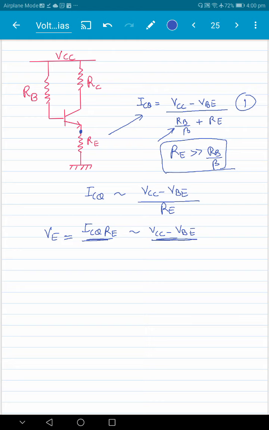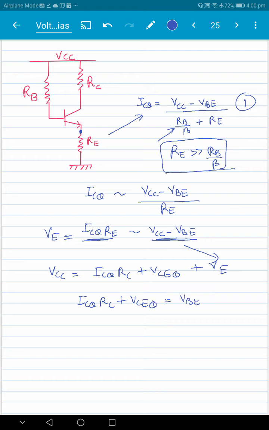And if we look at here, we know that VCC equals ICQ RC plus VCEQ plus VE, right? If we substitute this value of VE, then what we get is ICQ RC plus VCEQ equal to VBE, which is 0.7. So the drop from here to here is about 0.7.